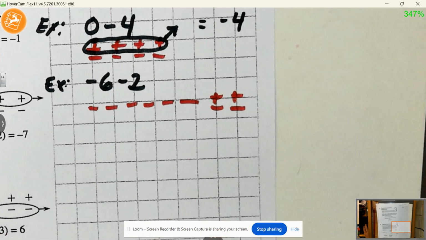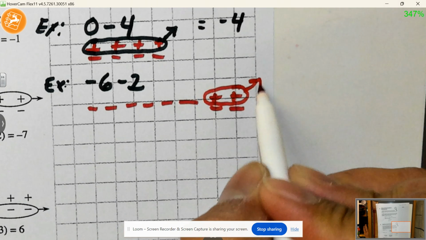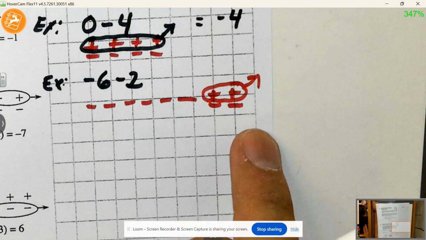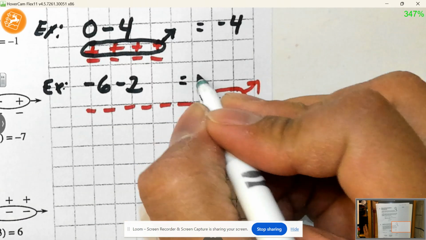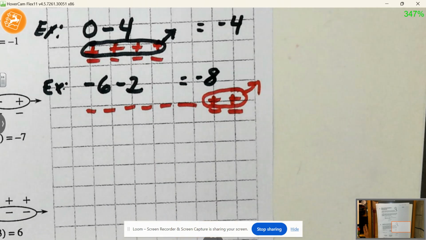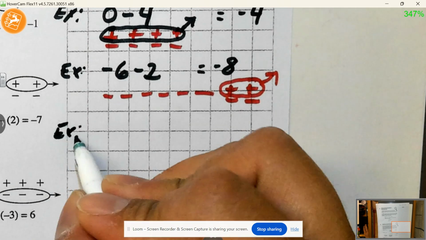Now I can take away 2 positives. And once I take away 2 positives, what am I left with? Negative 8. So negative 6 minus 2 is negative 8.